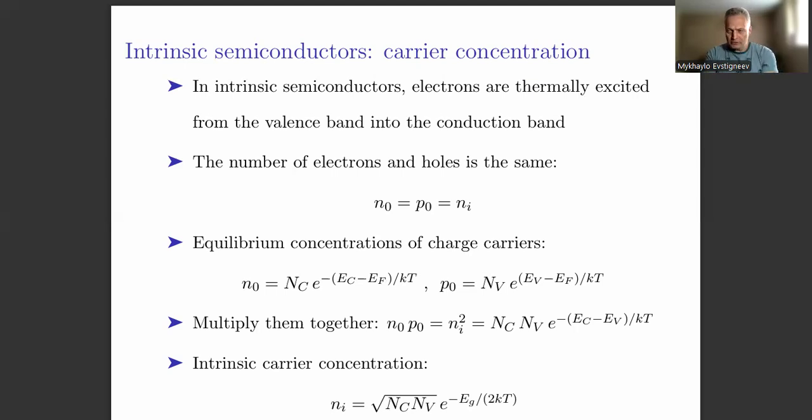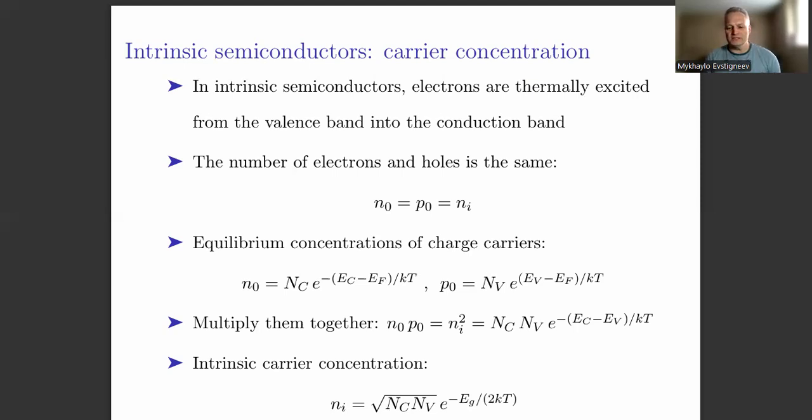Next, I would like to tell you how to use this formula in the most efficient way. It is sufficient to measure the intrinsic concentration at one particular temperature, let's call it the reference temperature, and usually in semiconductor physics, the standard reference temperature is 300 kelvins. Once you know the intrinsic concentration at the reference temperature T0, you can find the intrinsic concentration at any other temperature.